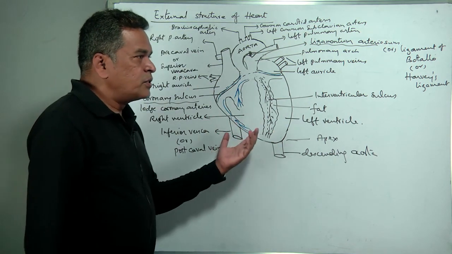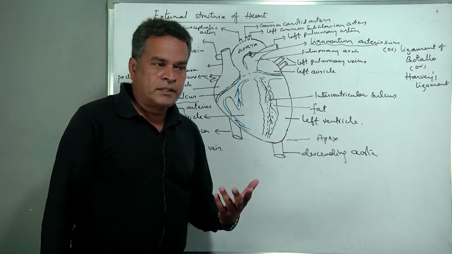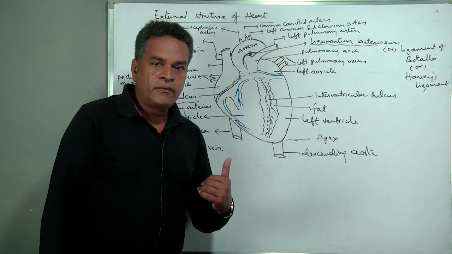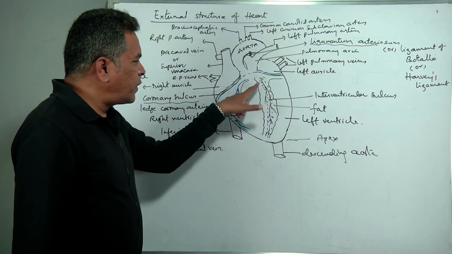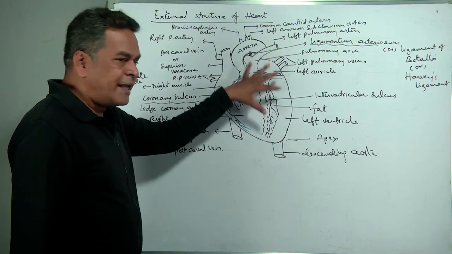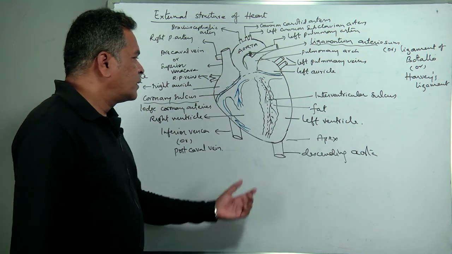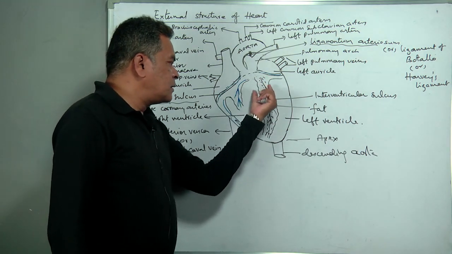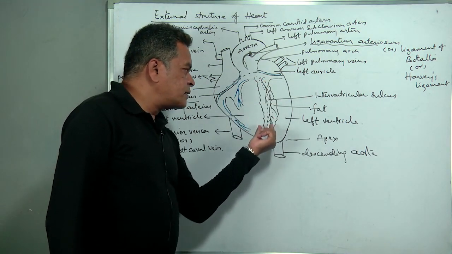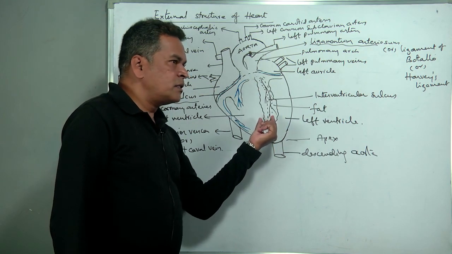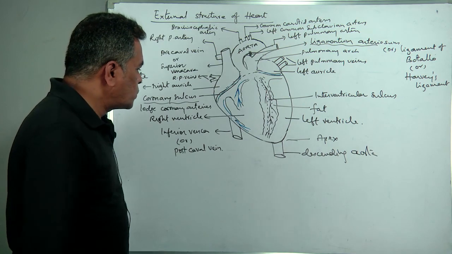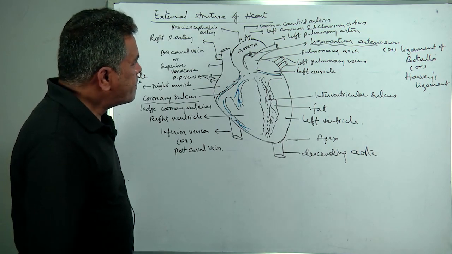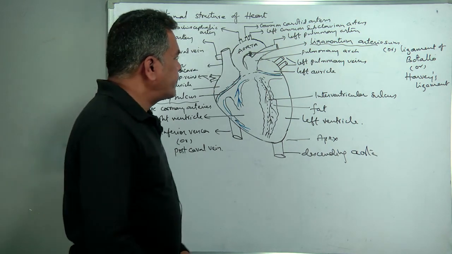The deposition of fat depends on various factors, even the intake of fat, but otherwise you find fat deposited on the external surface of the heart. That means it protects the external coronary arteries. Right.